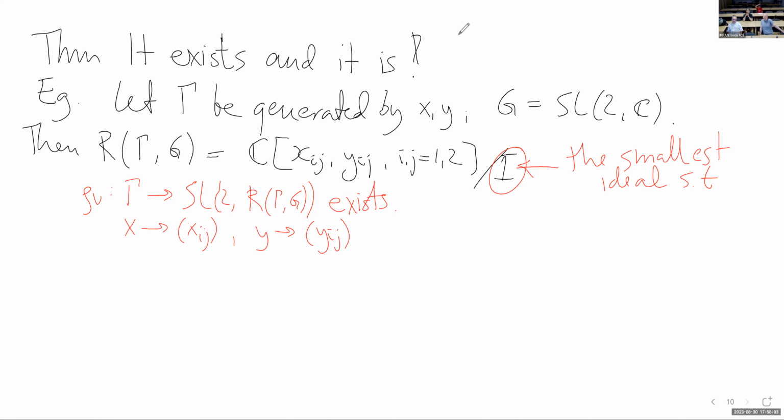Now we can consider some examples. When gamma is just the free group on x and y, then we have only two polynomials to consider.